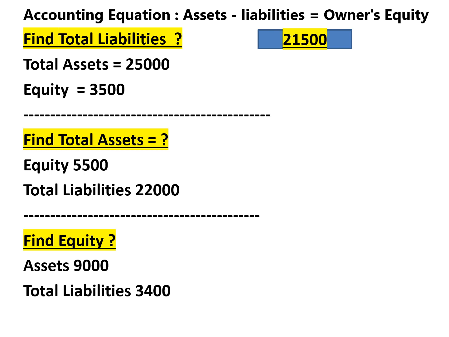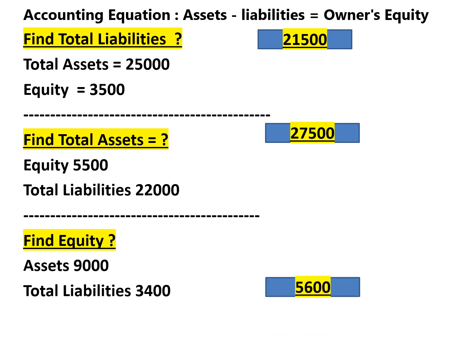In the second example, if we want to find the total assets, then total equity plus liabilities will be the total assets. In the third example, if we want to find the equity, then we have two figures: assets minus liabilities is equal to equity. So this is how we calculate the missing figures.